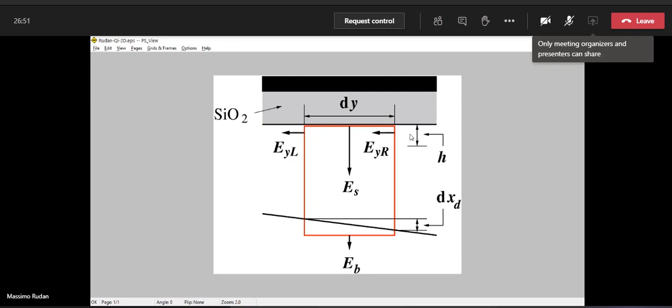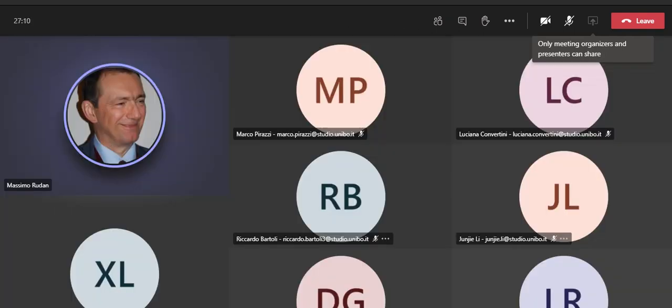This is it for one part of the approximations. Now we go back to the other approximation.